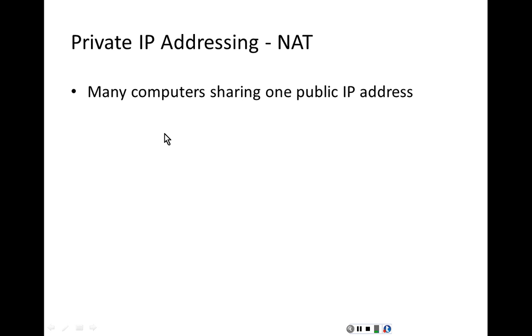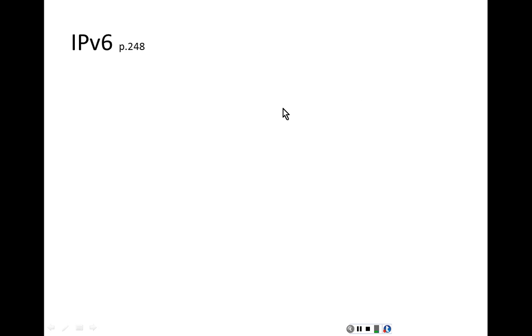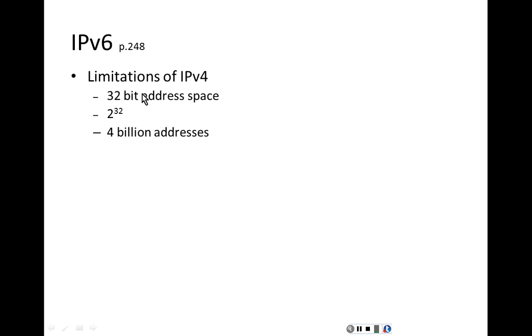NAT allows many computers to share one public IP address, and it addresses the problem that we're running out of IP addresses. Now let's go to IP version 6. As you know, the limitation of IP version 4 is with a 32-bit address space, we only have a total of 4 billion IP addresses. So, two potential solutions: NAT, as we've already discussed, and IP version 6.